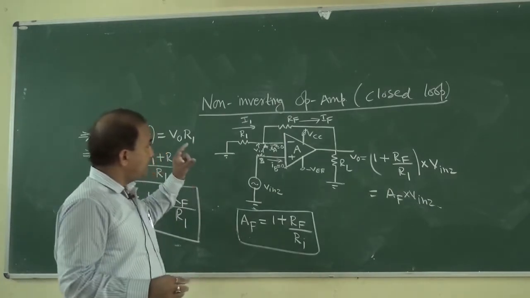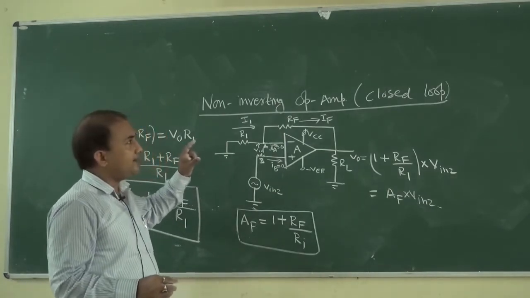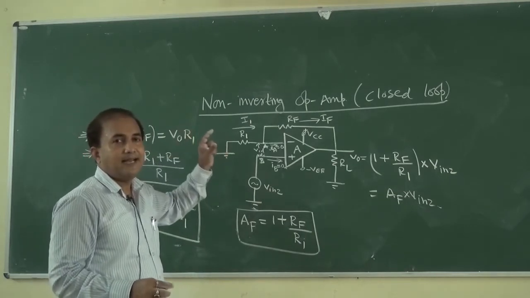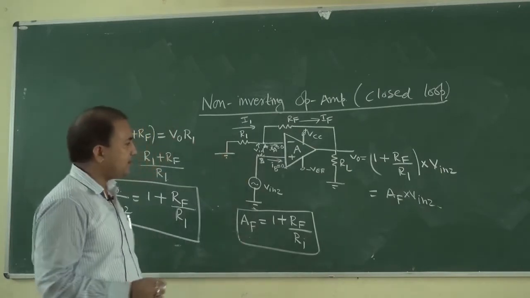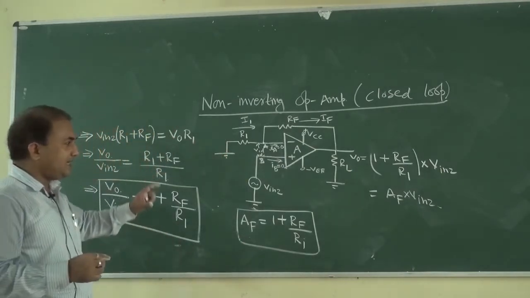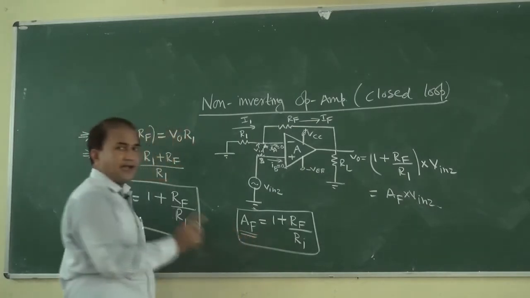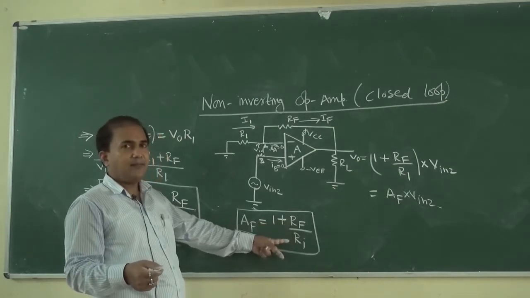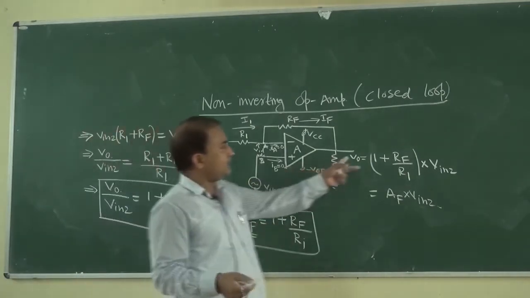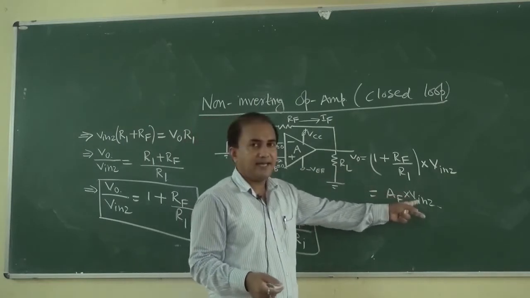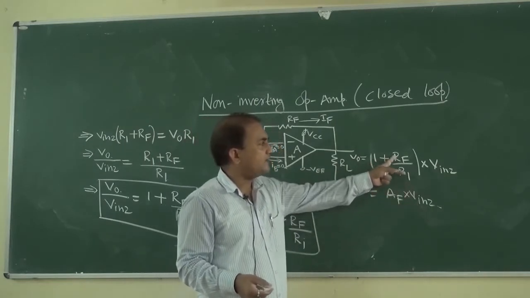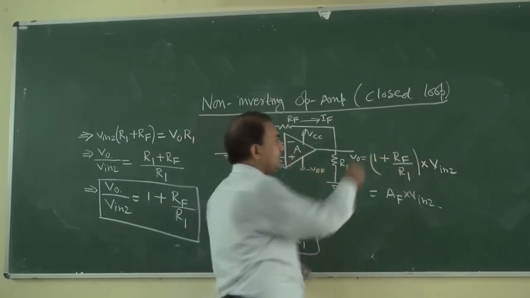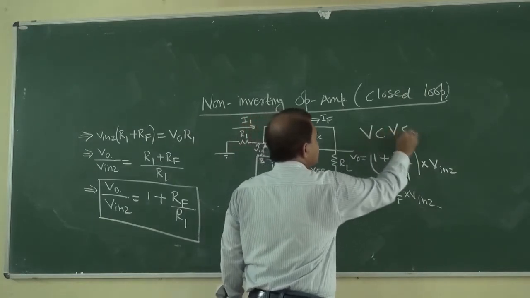AF is the gain of this operational amplifier. So this is a non-inverting operational amplifier in closed loop configuration. Again we can see that AF can be varied by varying RF and R1. So V output is equal to AF multiplied with V in, which is equal to 1 plus RF by R1 into V in. So again it can be considered as a voltage controlled voltage source.